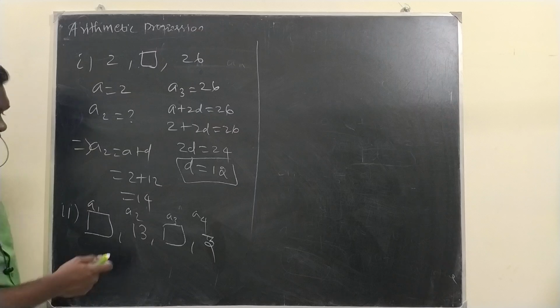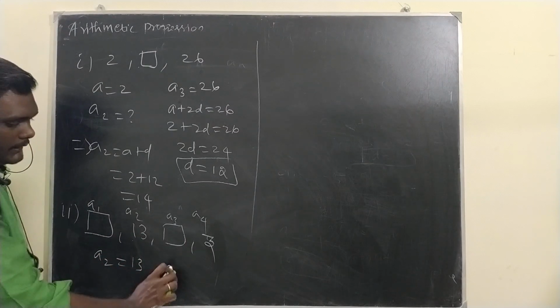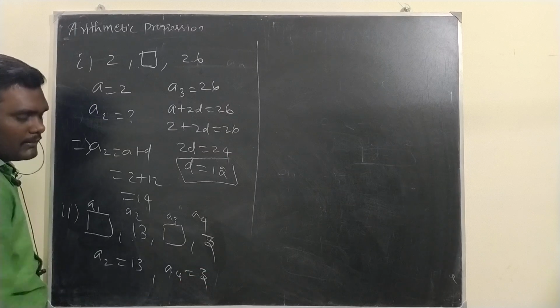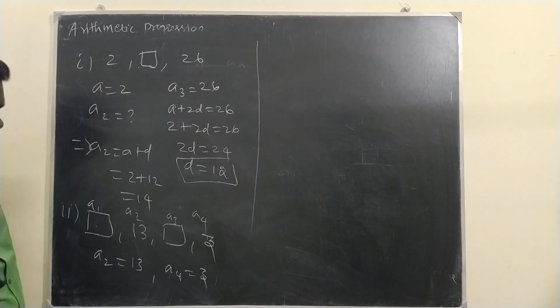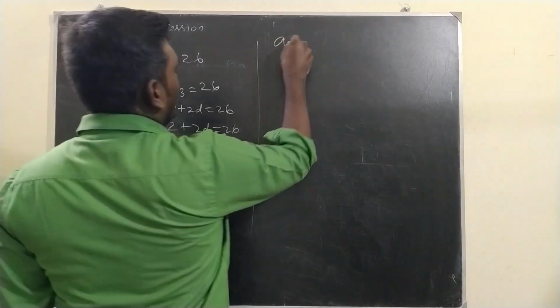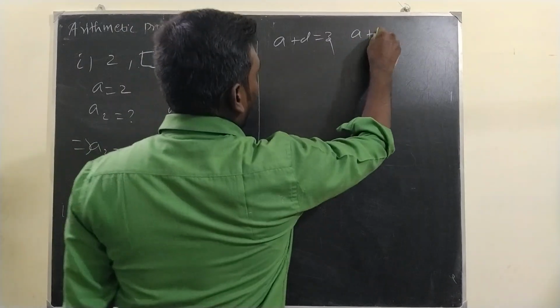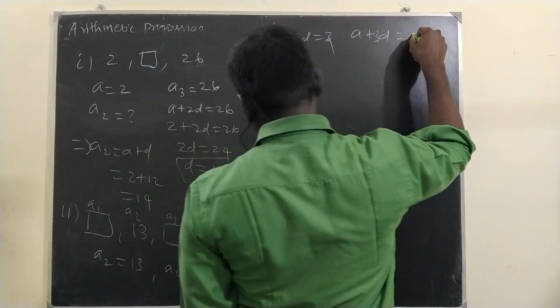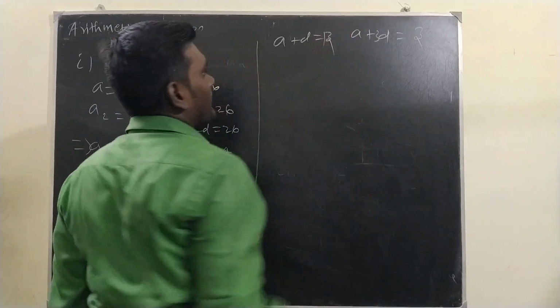We are given A2 and A4. A2 is equal to 13, A4 is equal to 3, and we need to find A1 and A3. A2 is A plus D is equal to 13, and A4 is A plus 3D is equal to 3.